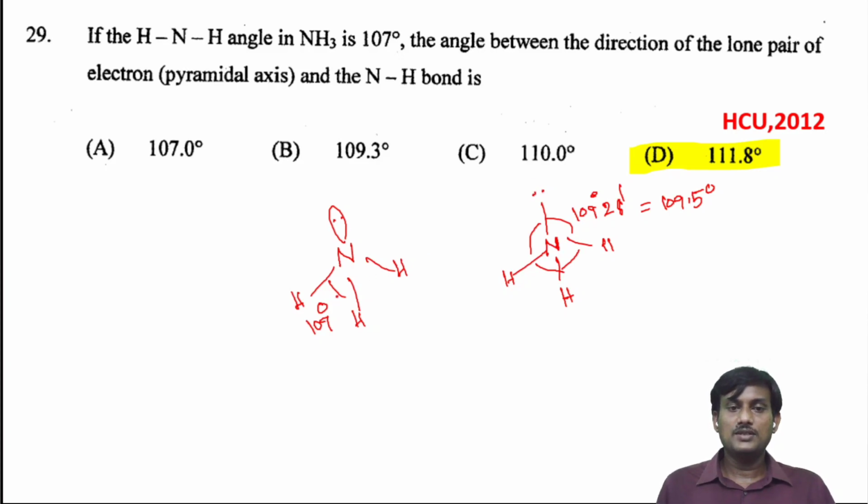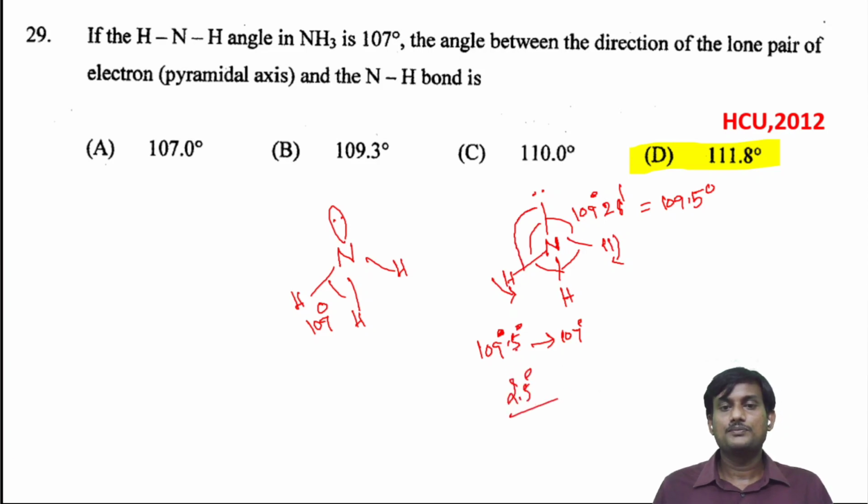But here there is a deviation. Here there is a decrease in bond angle from 109.5 degrees to 107 degrees. So there is a decrease here, and here also there is a decrease. Means this angle is increased by 2.5 degrees.